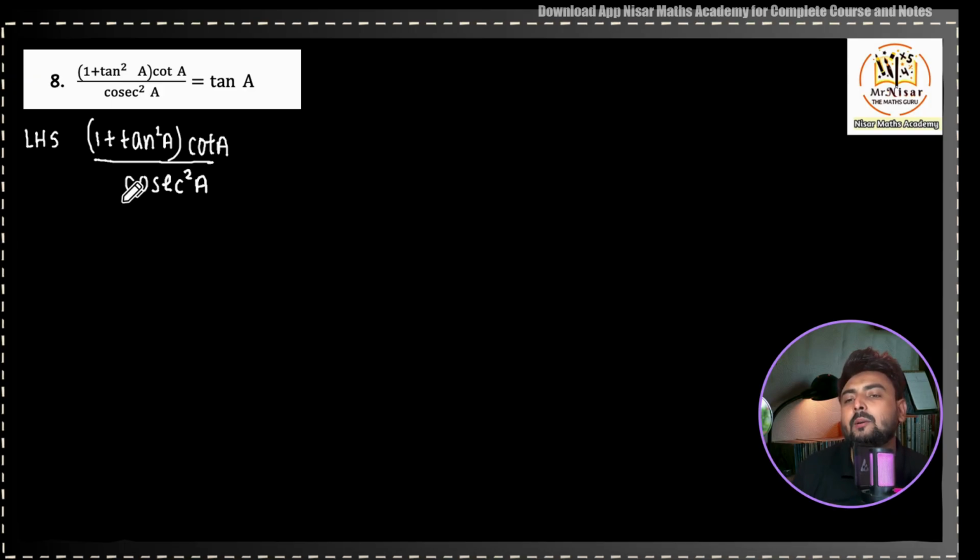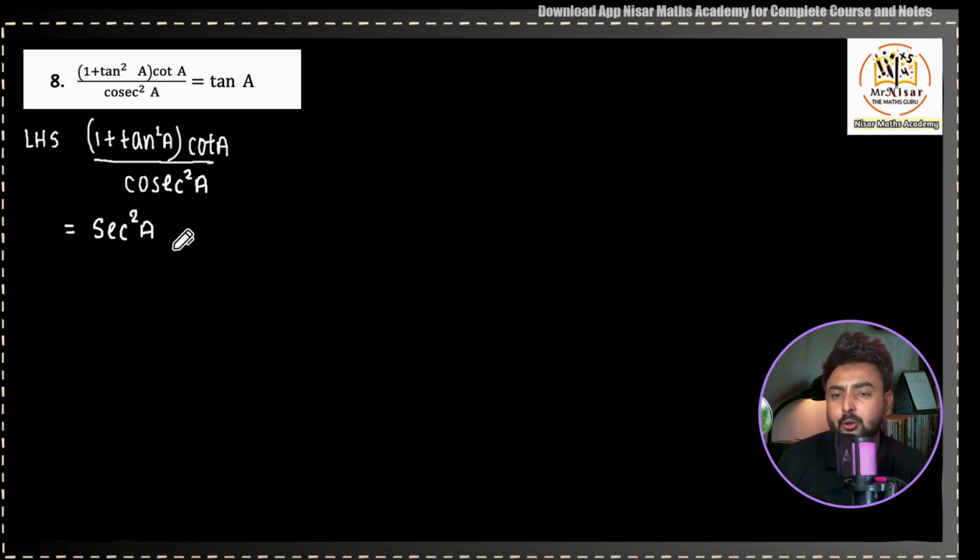Yeah. Now 1 plus tan square a becomes what, children? Yeah. 1 plus tan square a will be sec square a, identity number 2, into cot a. And what we have in the denominator? Cosec square a.